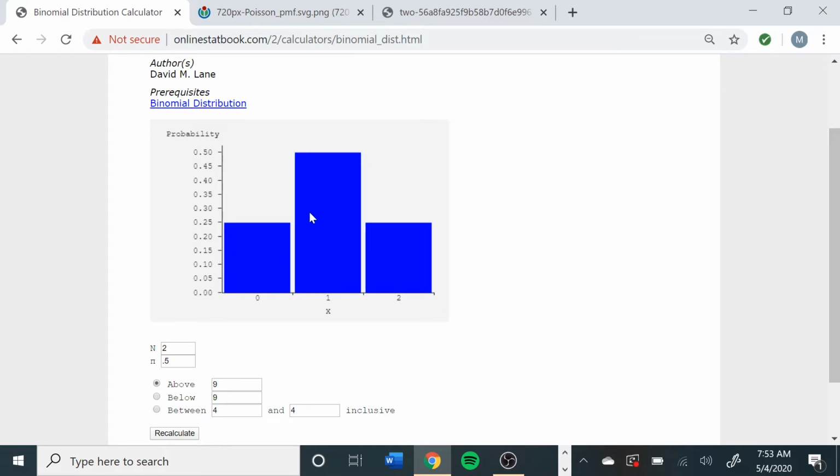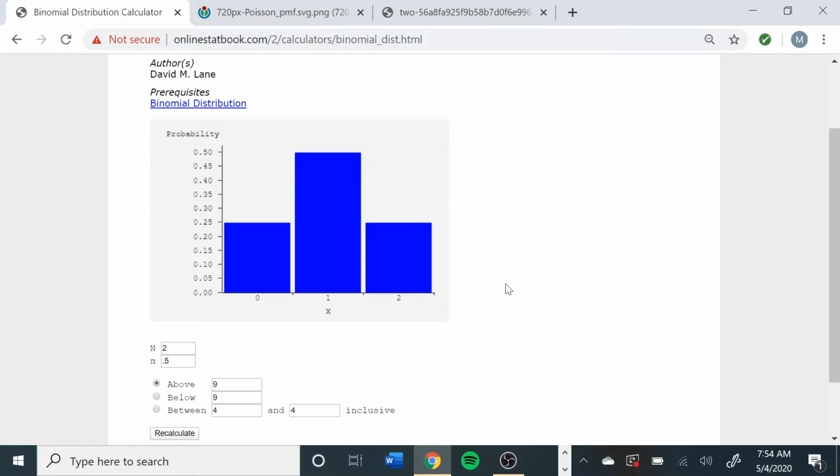Notice if you add these three probabilities up, you get 100%. In all the various probability distributions, usually there's a curve of some sort, but the area of the distribution is equal to 100%.